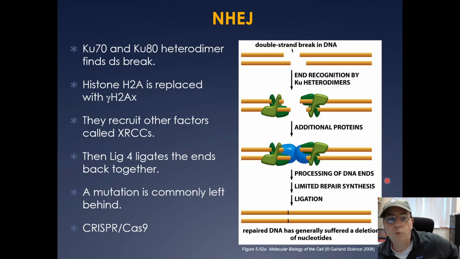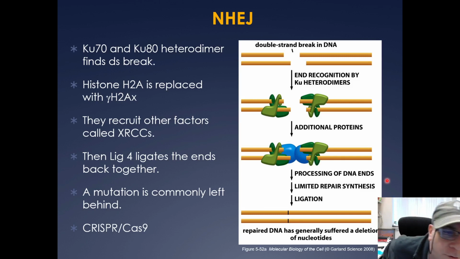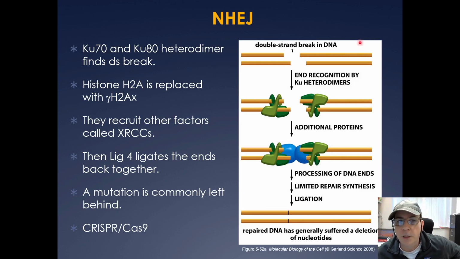Here's how NHEJ works. So non-homologous end joining, you'll get a double-strand break. And then this double-strand break is recognized by these enzymes Ku70 and Ku80 that bind to both ends of the break. The histone H2A in the chromatin is replaced with the histone variant gamma H2AX. And then this recruits other factors called XRCCs, which process the DNA ends and give a little limited repair synthesis.